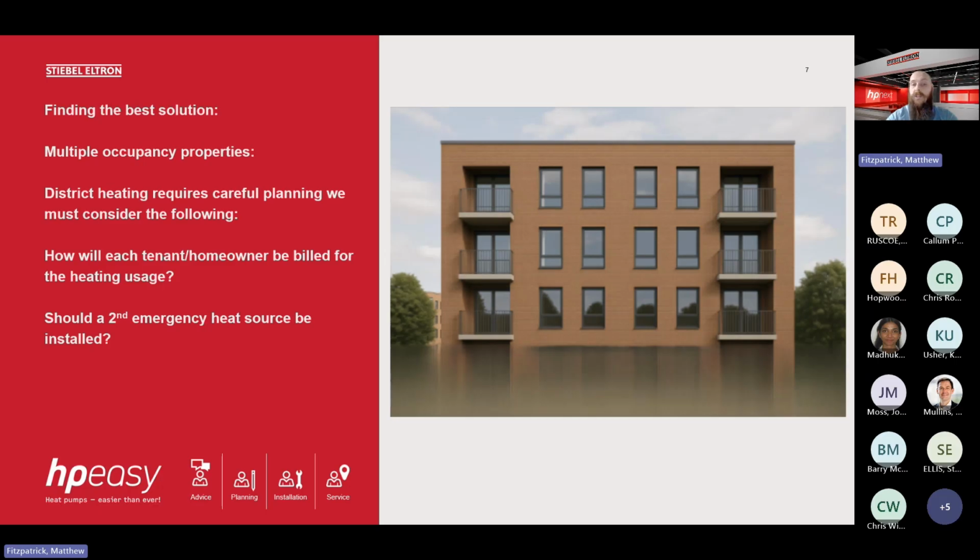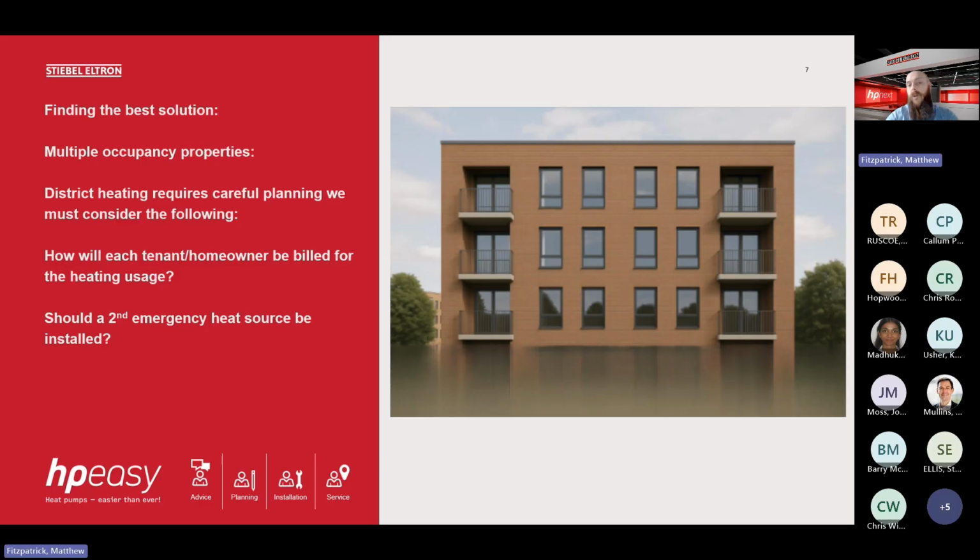It also means on exceptionally cold days, as we can see in the UK at the moment with the various storms and snow, that if the temperature does drop far below the average temperature for the area, we can send a signal to call on this second heat source and provide an additional level of input and energy to the property, ensuring that the property is never cold.